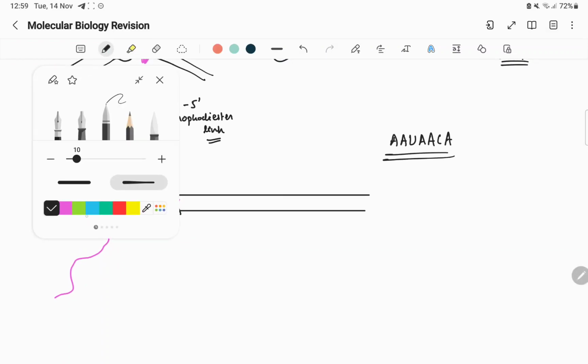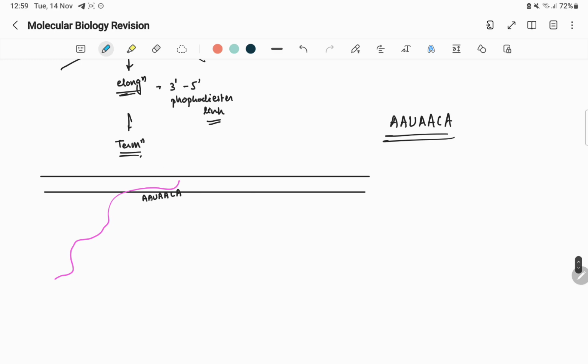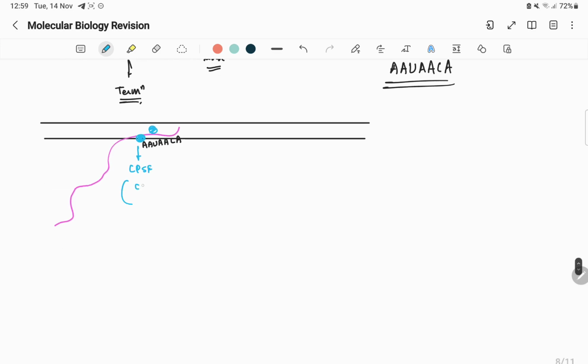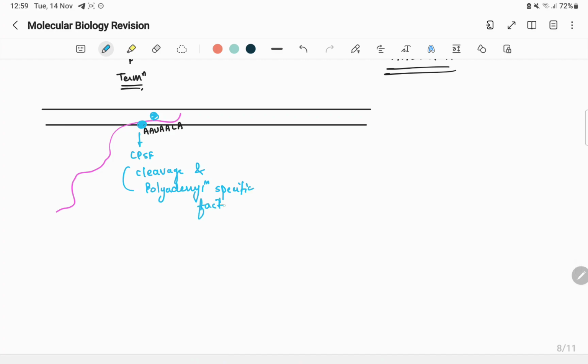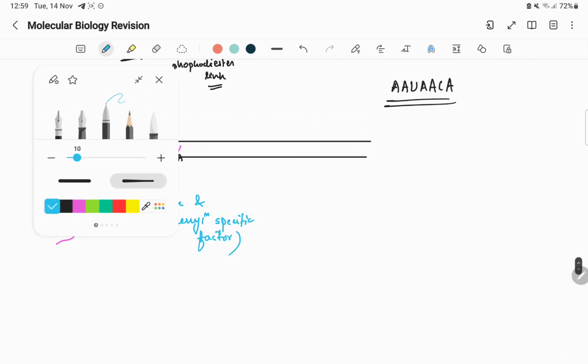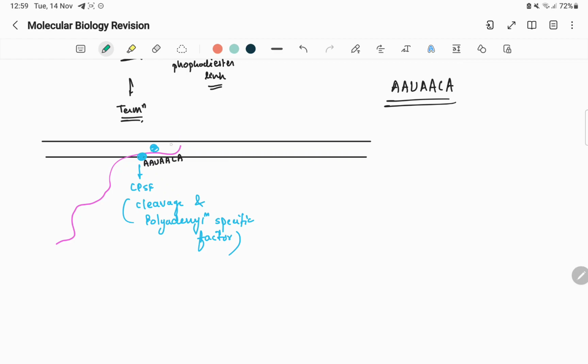To this, two factors bind in fact. To this one factor binds, which is called CPSF. What is CPSF? Cleavage and polyadenylation specific factor. And another factor binds, which is your CSF.